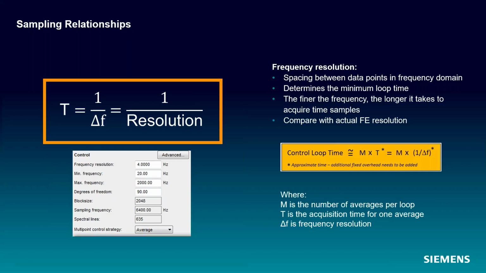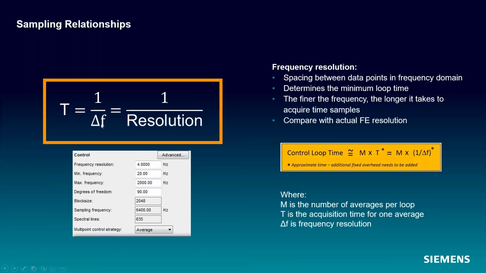For an example, if you have a 4 Hertz resolution, okay, you need a quarter second of time data in order to do that discrete Fourier transform. If you have 1/8 Hertz resolution, you're going to need an 8-second long minimum amount of time to do that discrete Fourier transform.